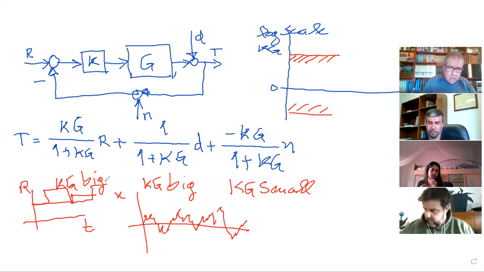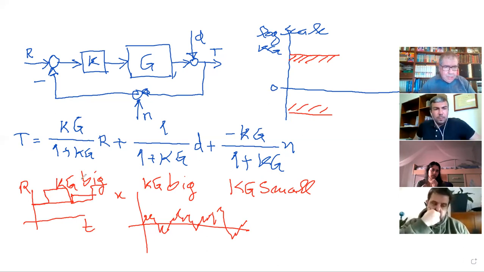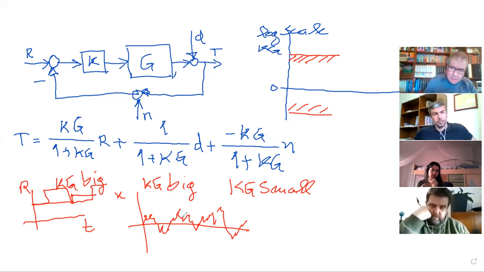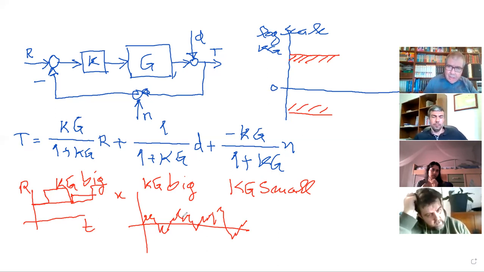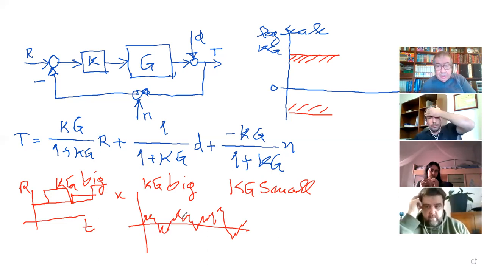Now compare the harmonics of the reference with the harmonics of the noise. What is the difference in terms of frequency content? Noise has much higher frequencies. So noise appears in the high frequency.